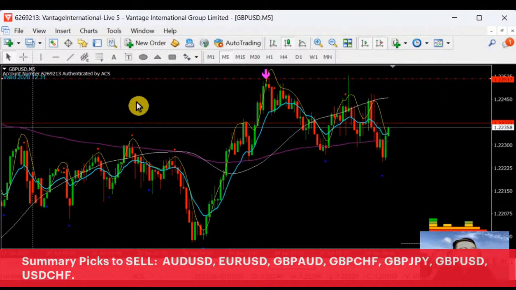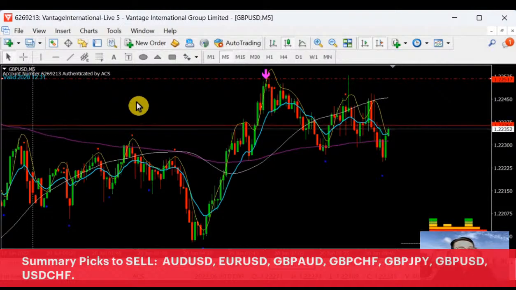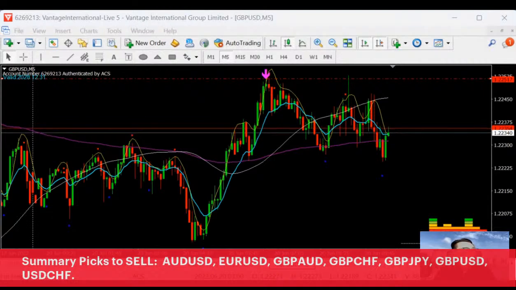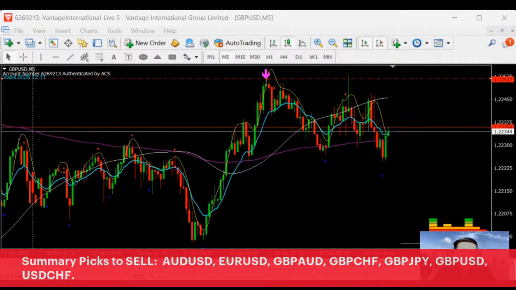I think we need a little bit of time for this pound dollar. We still have a way to go. So just hang on. Not now. This is not the right time yet.